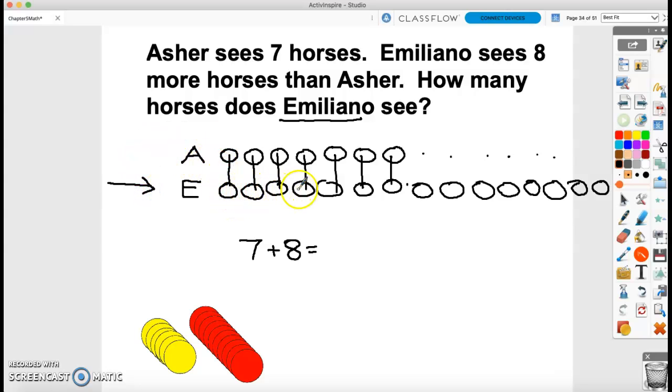So he sees the 7 that Asher does, and then 8 more. 7, 8, 9, 10, 11, 12, 13, 14, 15. So he sees 15 horses. So how many horses does he see? 15 horses.